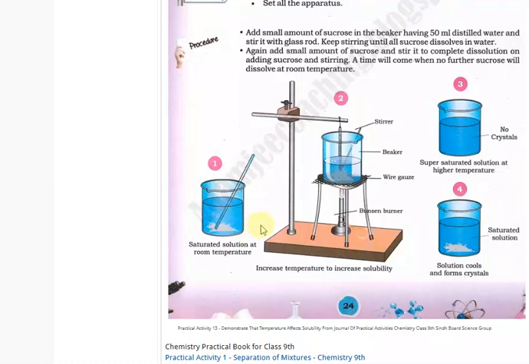If we put this beaker over the wire gauze on the tripod stand and put a Bunsen burner under this beaker and start to heat that solution, we will observe that the amount of solute present at the bottom starts dissolving in this liquid.